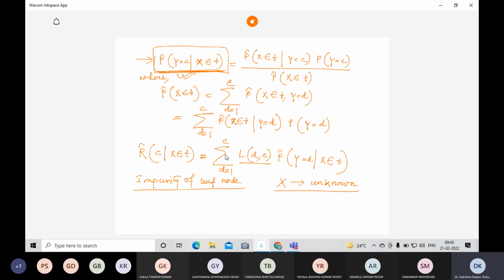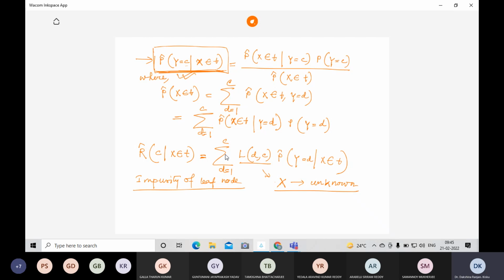Okay. Now what we do, we will enter this data through the root node. Since we have already implemented the decision tree, we have already made the trained model of the decision tree.